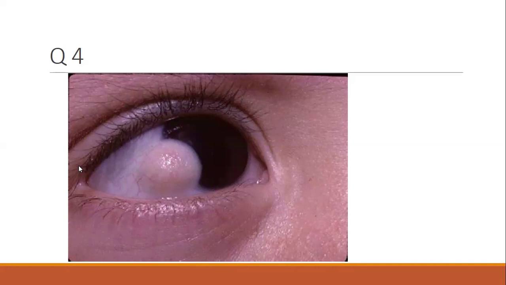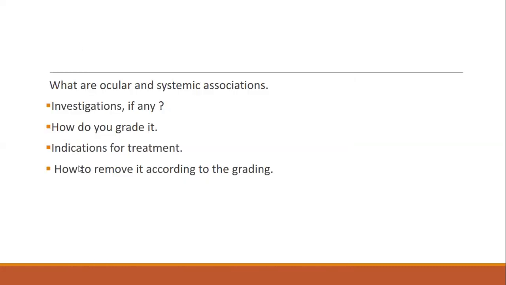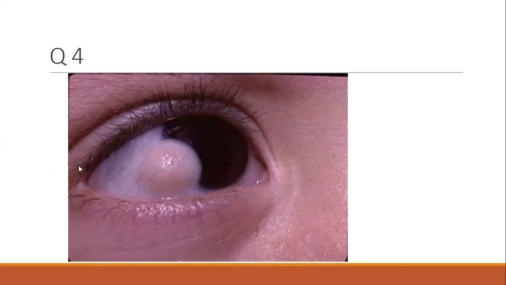Does anyone else know the grading of this limbal dermoid, or should I tell you? This question is important. Basically, if there is a limbal dermoid, we have to grade it according to OCT. The grading system is based on the size and its encroachment onto the cornea.